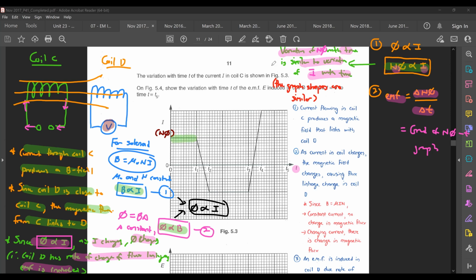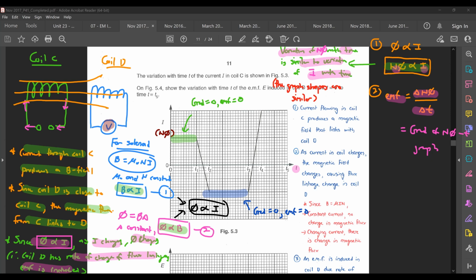You can see from here that this one has gradient 0. So your EMF will be 0. You can say the same for this part too. This part here has gradient 0, so EMF is also 0.